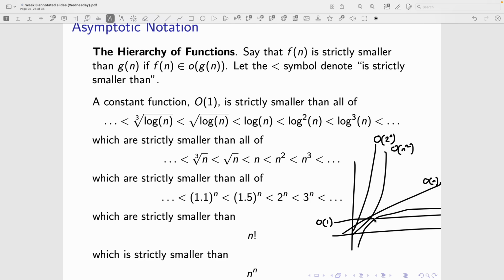Going back to algorithms for a moment, we're going to find that each algorithm's cost function belongs to one of these classes. So if your algorithm has no loops, or at least no loops that depend on its input, and takes the same amount of time every time, then we say it takes constant time.